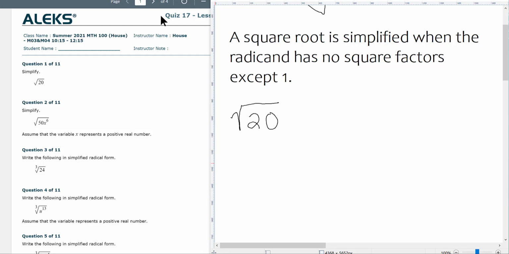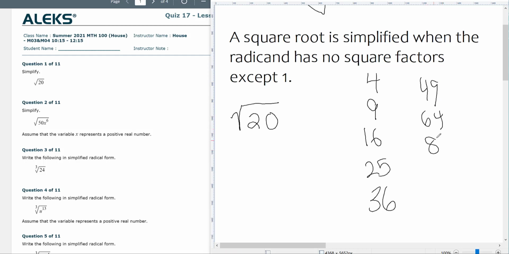And so again, I'll read the definition. A square root is simplified when the radicand has no square factors except 1. Now, factors are numbers that are multiplied. So let's talk about square factors. 4, 9, 16, 25, 36, 49, 64, 81, and 100.